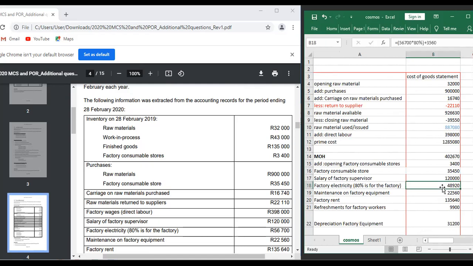I'm sorry, for a moment it sounded like 45,000, but it's 45,360. This is the figure that we have.